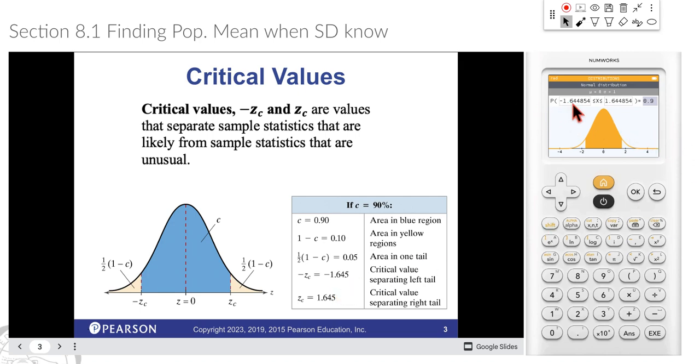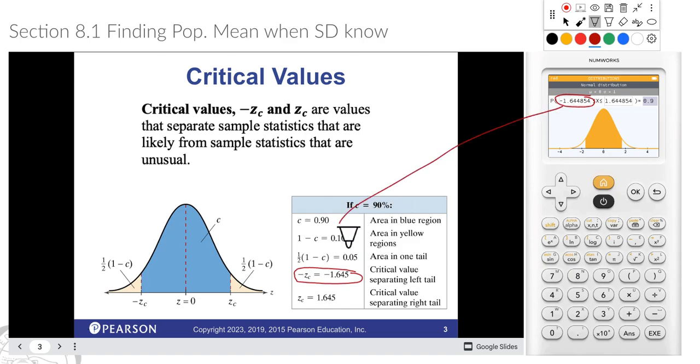We look up here, negative 1.64, and the 4 gets rounded up, 1.645, to positive 1.645. So these critical values listed here, we're going to be able to find with our calculator using the distribution right here.